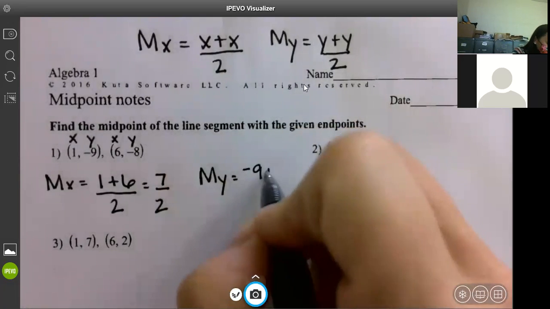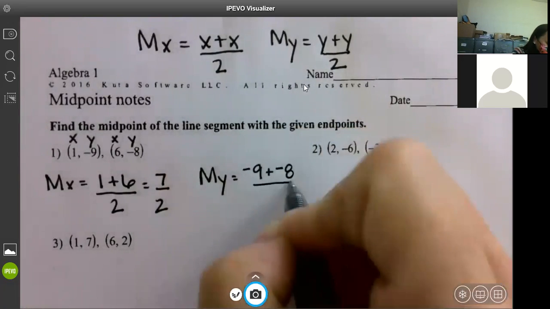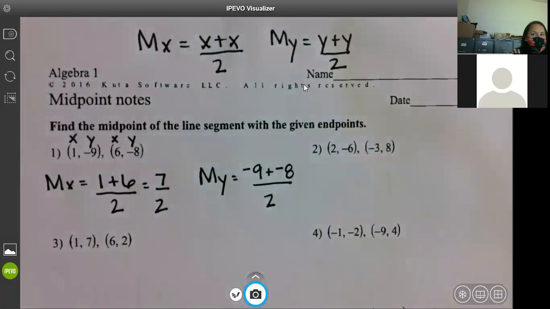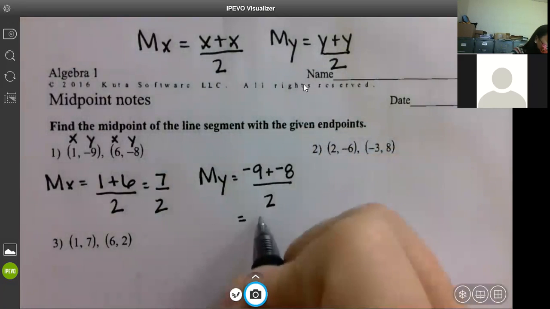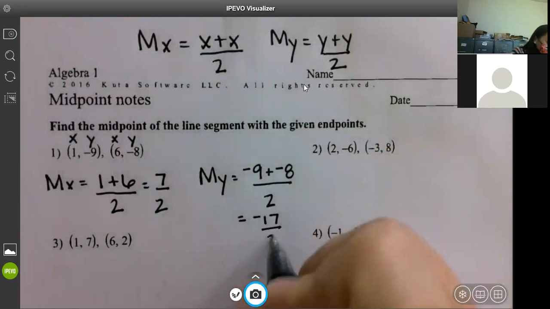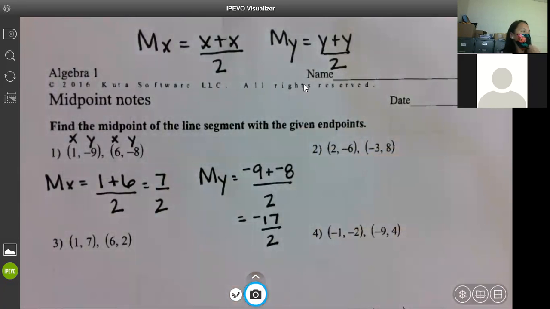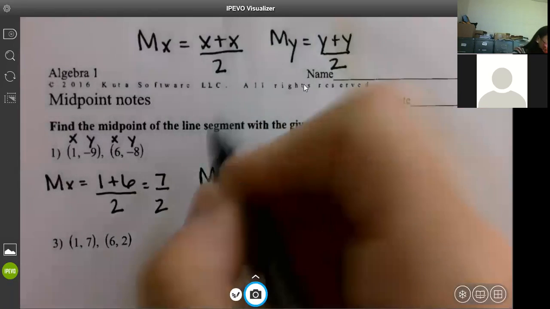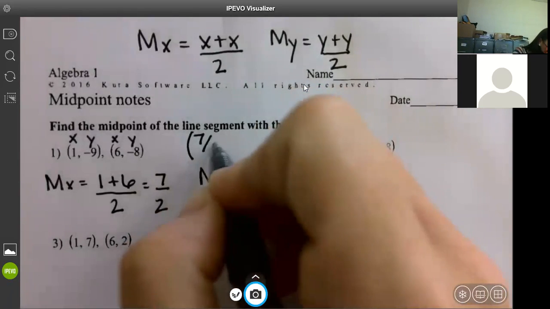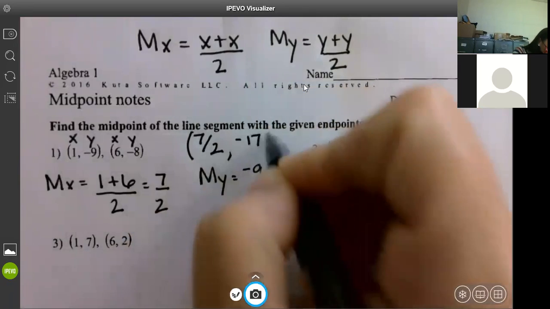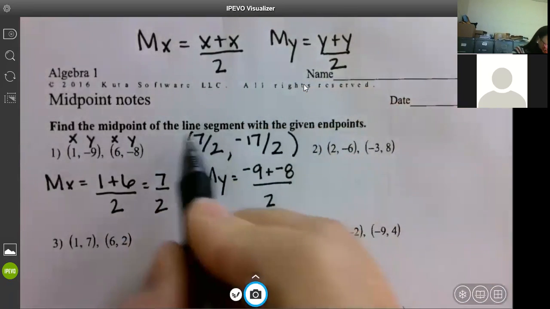Our y's are -9 and -8, and we're going to add them together and divide by 2. -9 plus -8 is -17 over 2, which will not reduce. So your midpoint answer, you should write it as a coordinate. Your x was 7/2. Your y was -17 over 2.